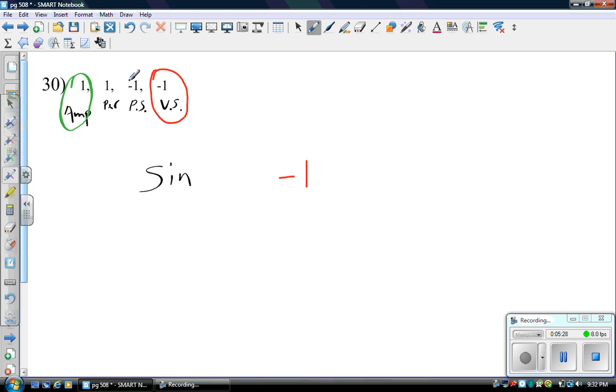When it's broken down like this, the phase shift is actually pretty easy to deal with. -1 for a phase shift means that I'm going to have t plus 1, because again, if the phase shift is -1, that means in the formula it's +1.